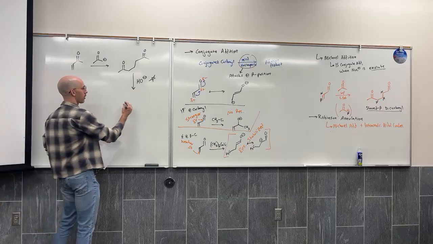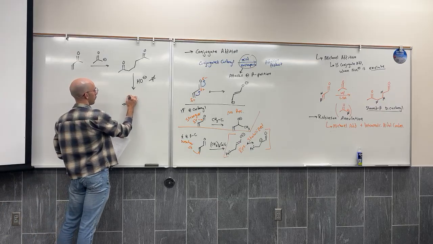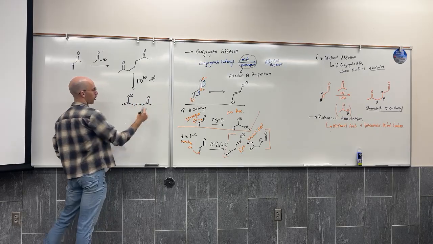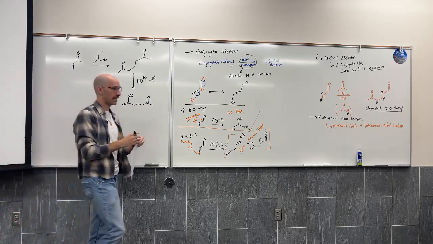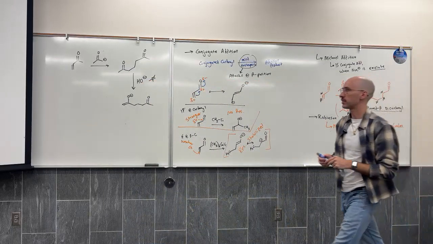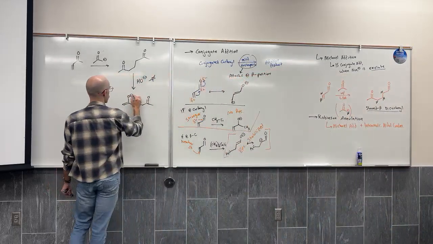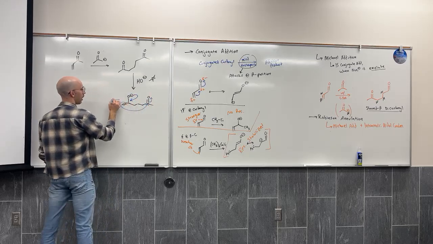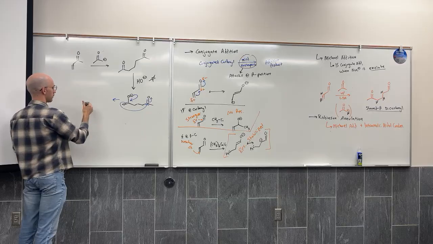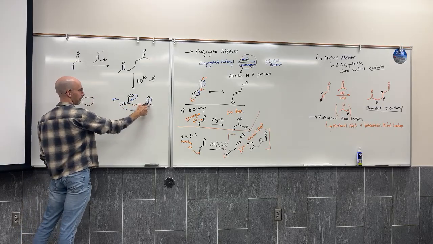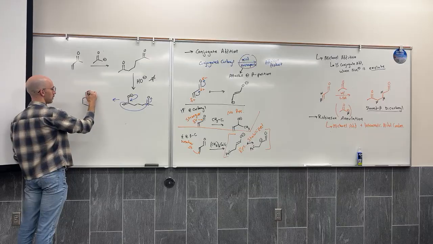So how does that work? Well, we've got a base, so one of our carbonyls becomes an enolate. And when that enolate forms, it can intramolecularly attack the other carbonyl carbon. 1, 2, 3, 4, 5, 6-membered ring is formed.